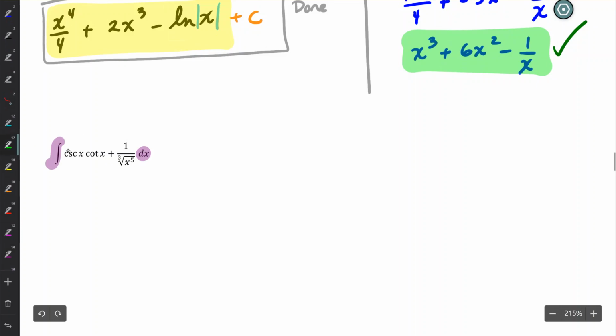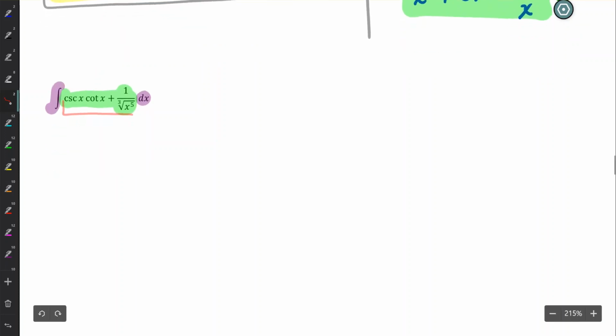The derivative of what function is cosecant times cotangent plus 1 over the cube root of x to the 5th? And in fact, we are looking for the most general antiderivative. There is a whole family of curves whose derivative is green. All right?